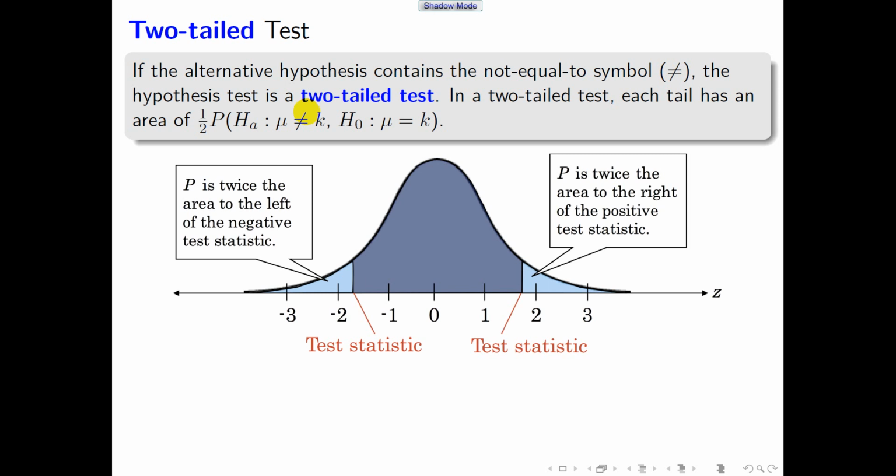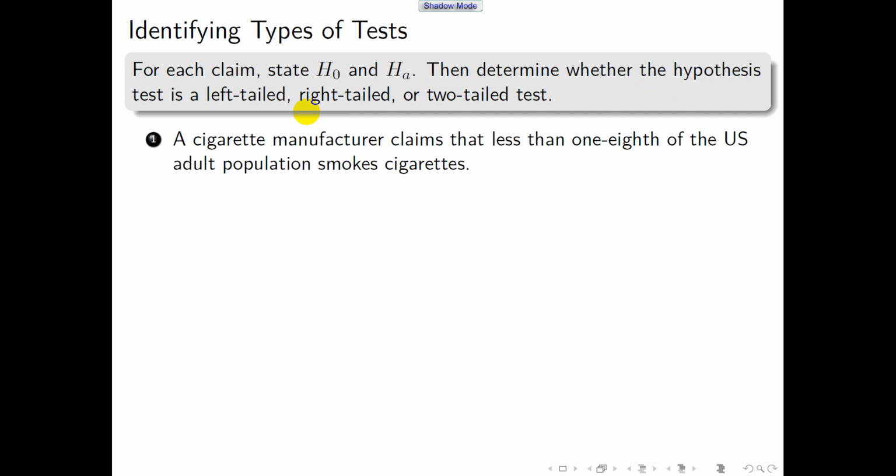Okay? So if it is clear, could you please tell me which kind of test we need to use for the following examples? A cigarette manufacturer claims that less than 1/8 of US adults smoke cigarettes. So what is the null hypothesis? Our claim is the alternative hypothesis, right?